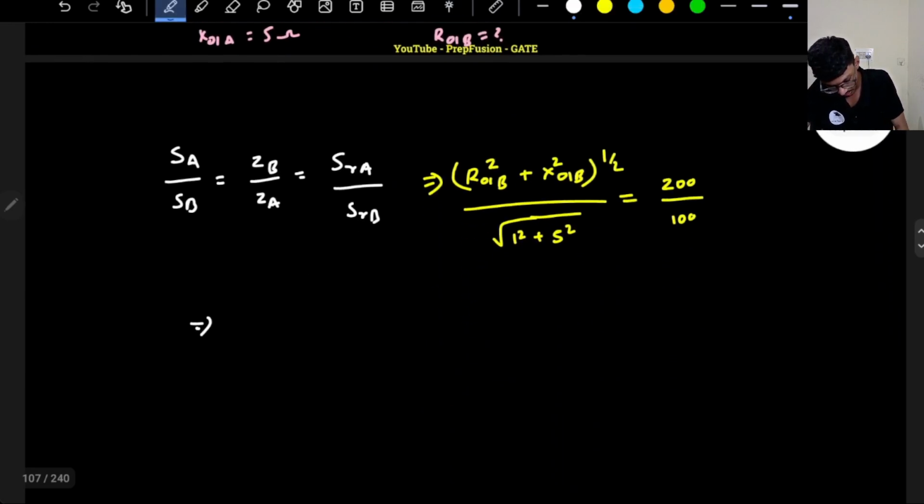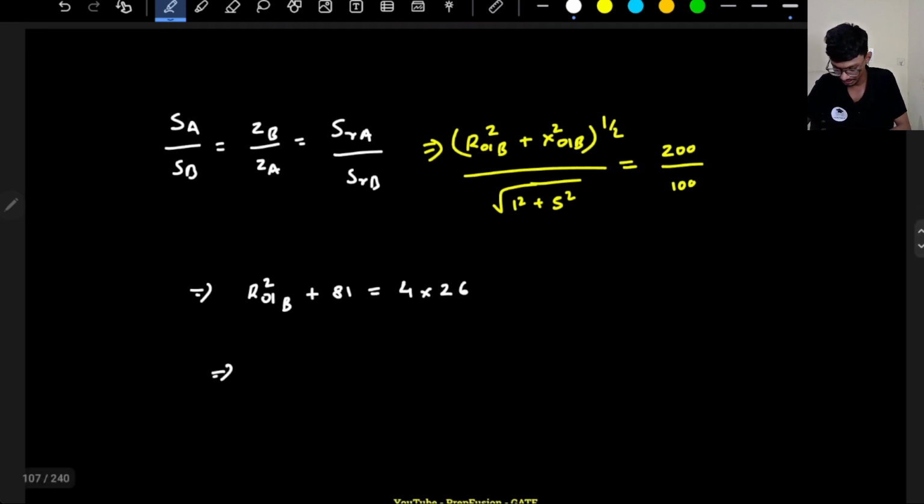If I square on both sides, this will be RO1B whole square plus 81 equals 4 into 26.